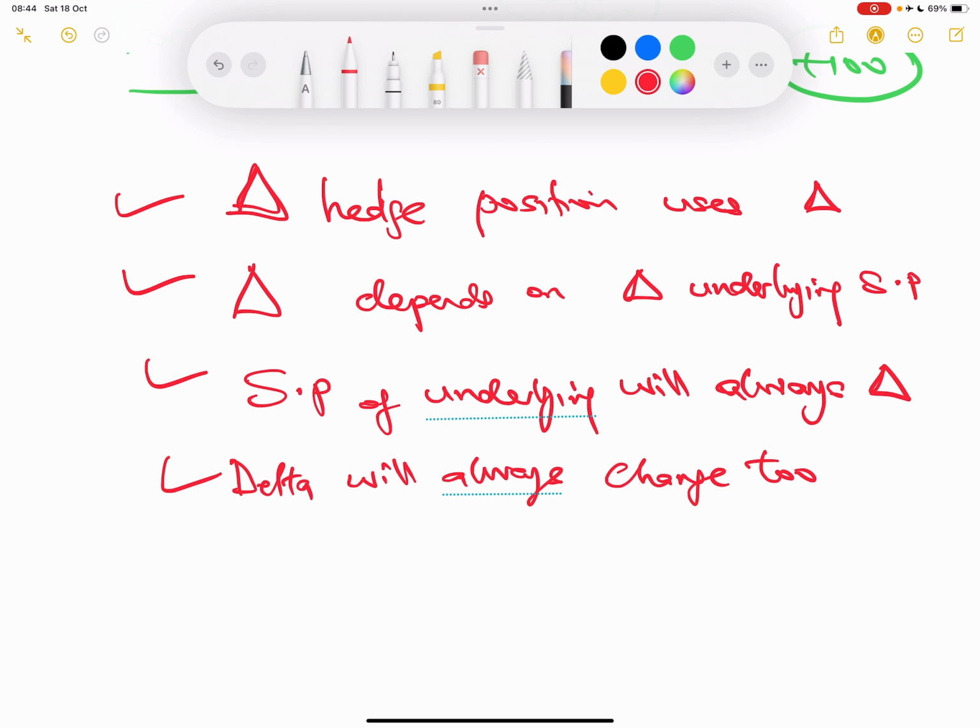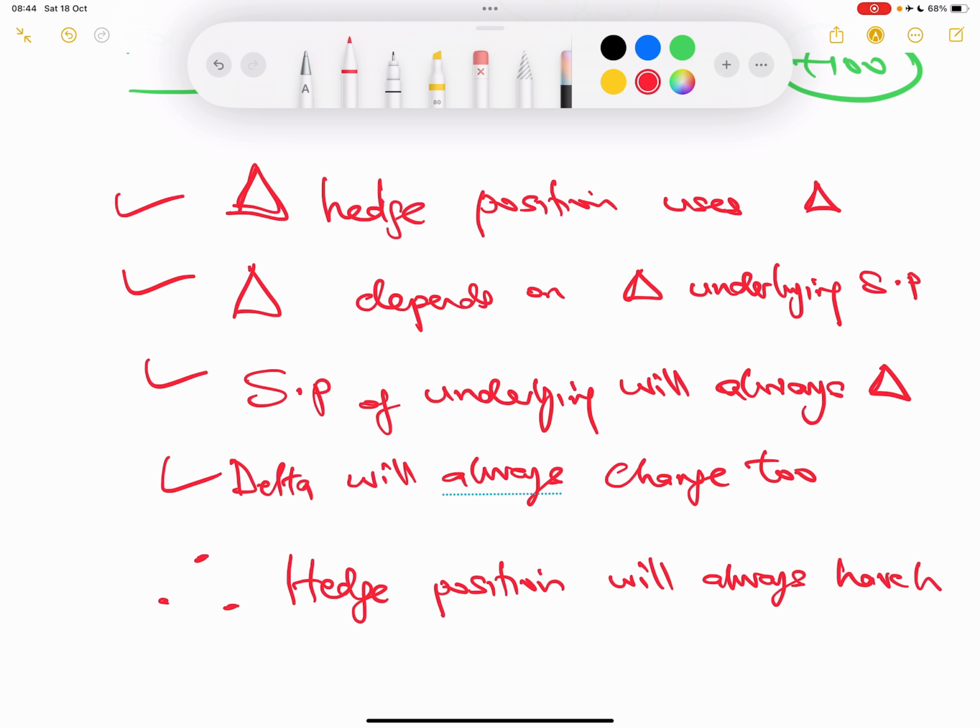It means that our hedge position will always have to be updated in order to reflect the new delta figure.